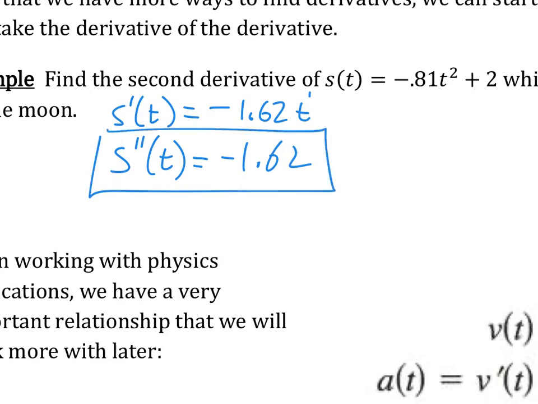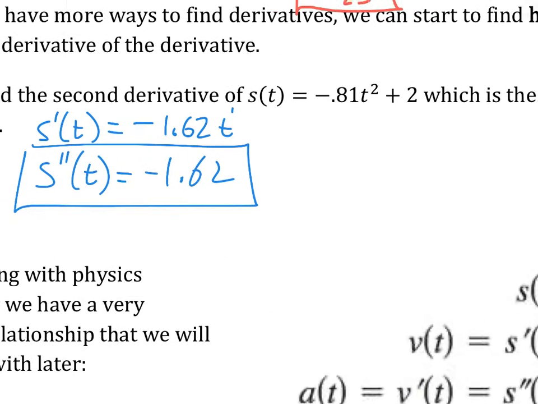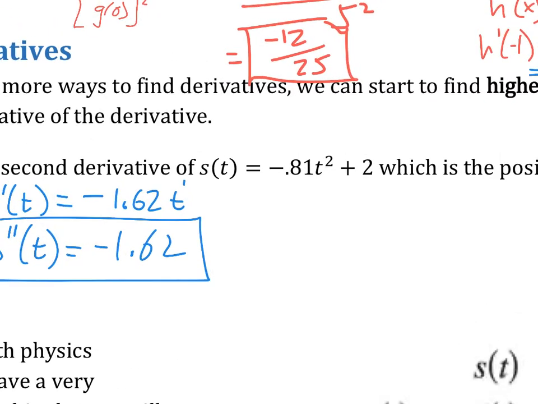Now, in Leibniz notation, that's Newton's notation there with that little apostrophe. We say this: the derivative of s of t is negative 1.62 t. Now, that's a derivative of s of t.